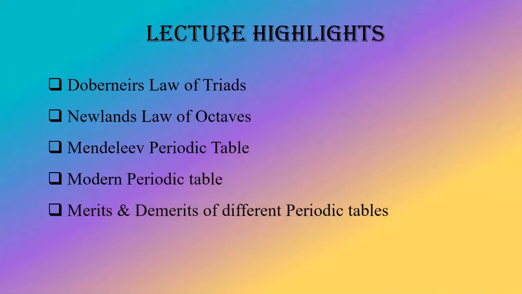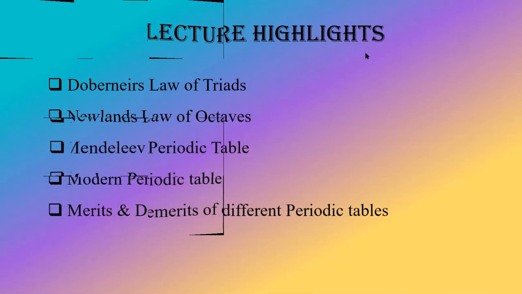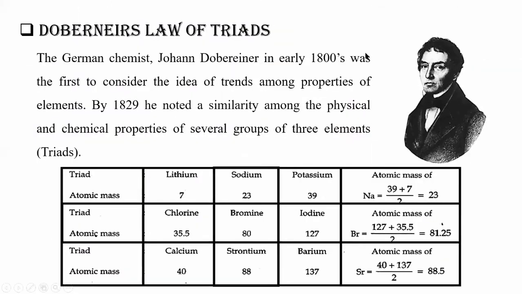As this is the basic lecture that we'll be starting with, number 1 is Doebereiner's law of triads, number 2 is Newlands' law of octaves, number 3 is Mendeleev's periodic table, number 4 is the modern periodic table or the Moseley periodic table, and number 5 is the merits and demerits of different periodic tables. Some laws and properties are also present in this lecture. These are the 5 different things that we will be studying.